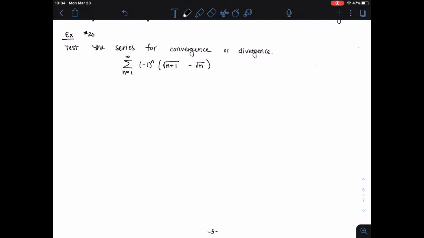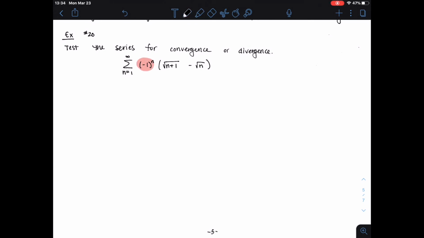So let's do one more example that is a little more complicated. We've got -1 to the n times the square root of n plus 1 minus the square root of n, and we're going to sum that from n equals 1 to infinity. So first thing we need to do is we've got this alternating part here.